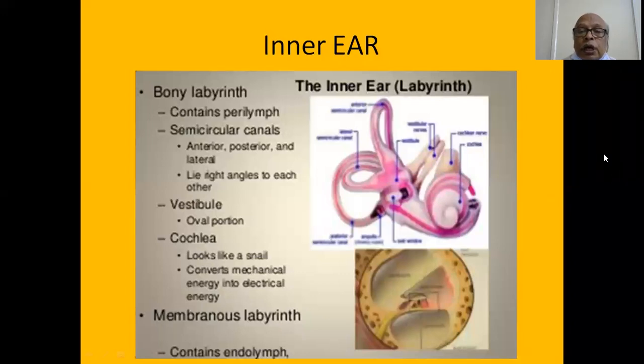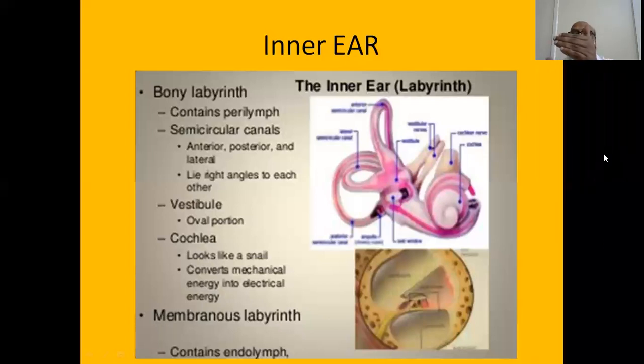Coming to the posterior part, that is the vestibular labyrinth. The vestibular labyrinth contains two sacs called utricle and saccule, and three semicircular canals which are perpendicular to each other. You can imagine it like this.